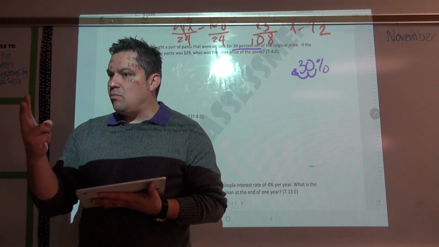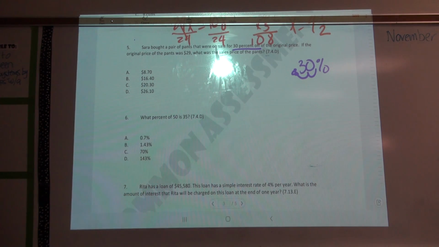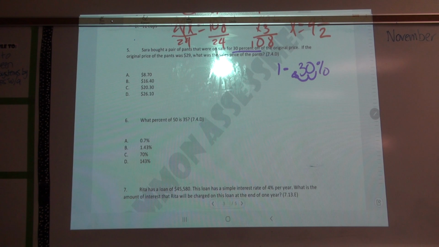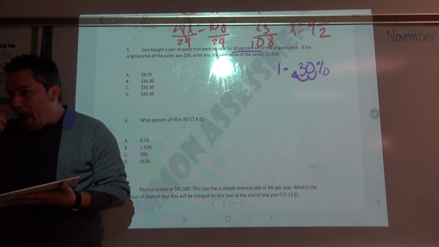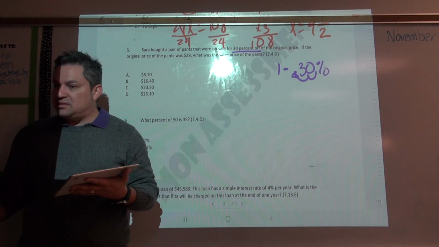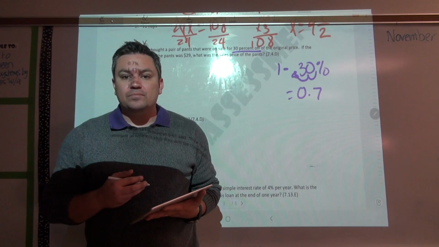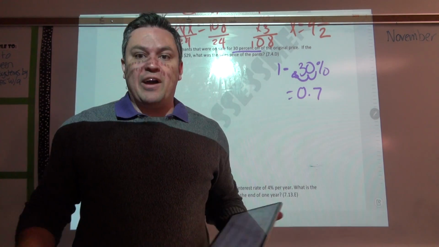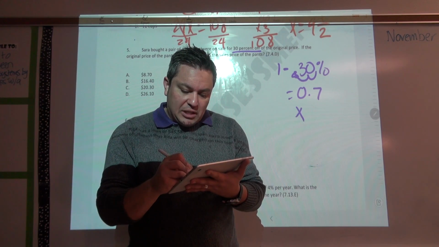Step 2 of the markdown: subtract that from 1. On $1, you're going to take 30 cents away. So how much is that? $1 minus 30 cents equals 0.7. Step 3, multiply by the original price, so we're going to multiply this by $29.